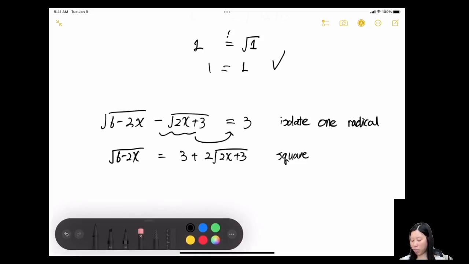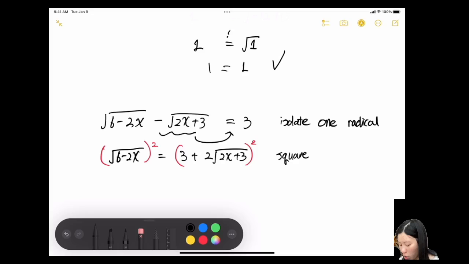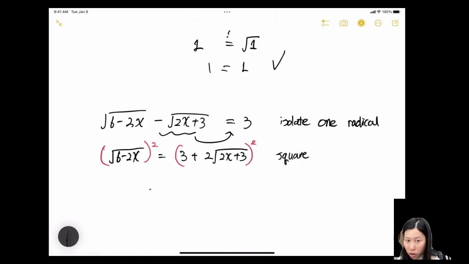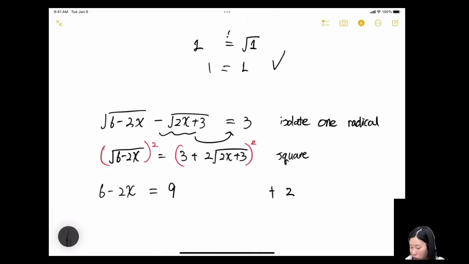When I square them, remember, you square it on both sides. Not just the radical, all the numbers on both sides. So on the left, easy, it is 6 minus 2x. On the right, be careful, you need to FOIL it. Oh, this is the perfect trinomial. It's not just equal to 3 squared plus the square root of 2x plus 3 squared.